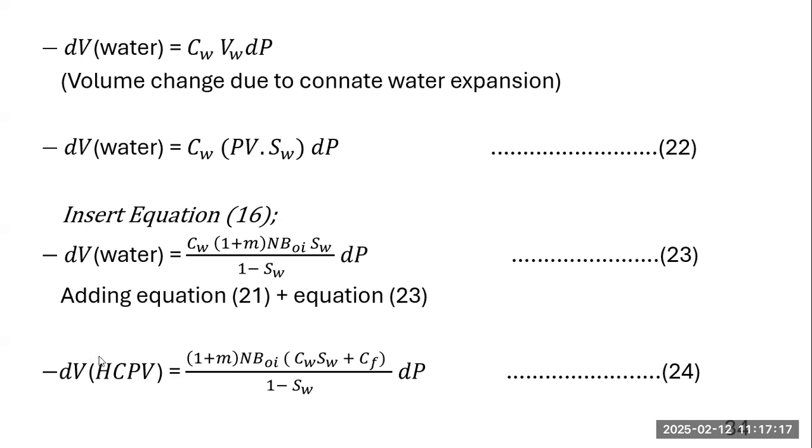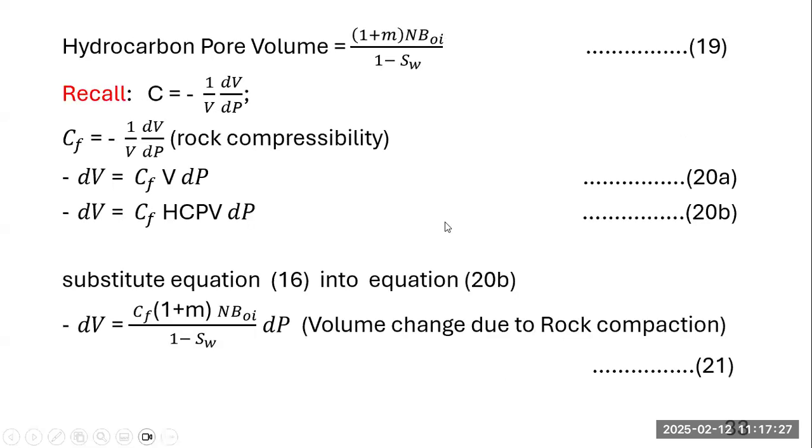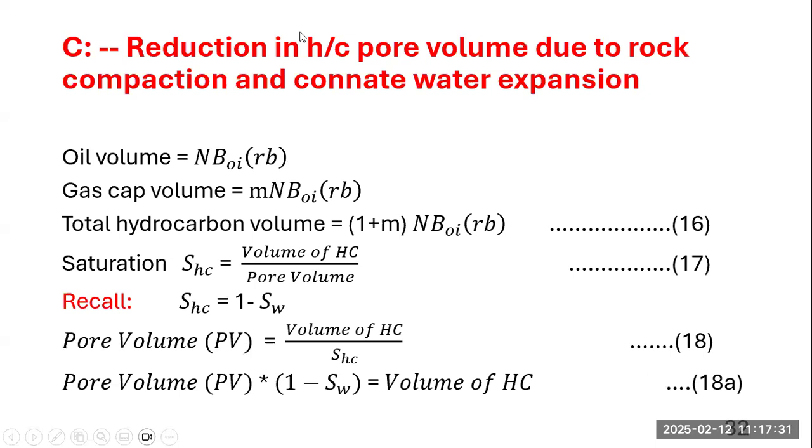So your change in hydrocarbon pore volume is the summation of your reduction in hydrocarbon pore volume due to rock compaction and your connate water expansion.